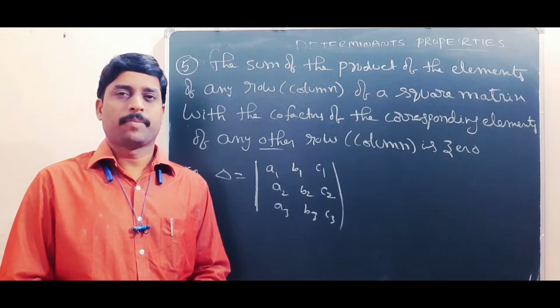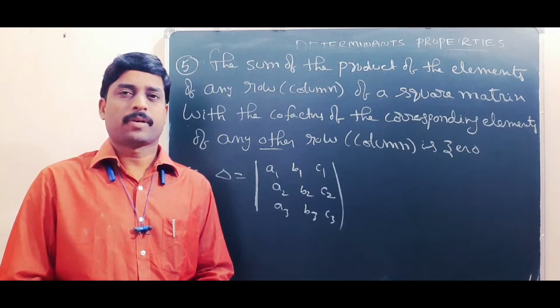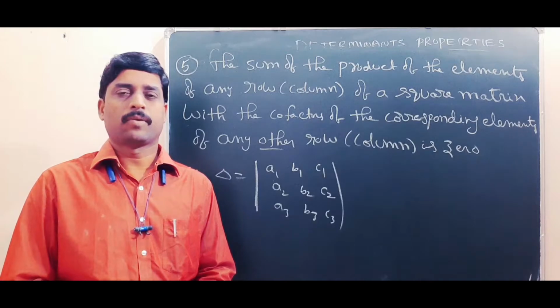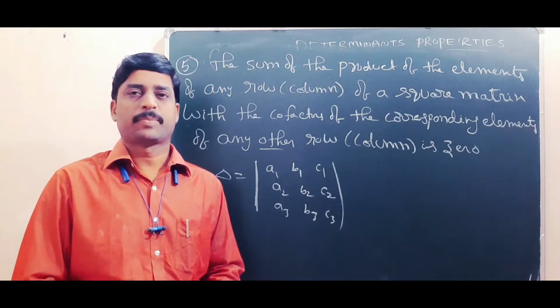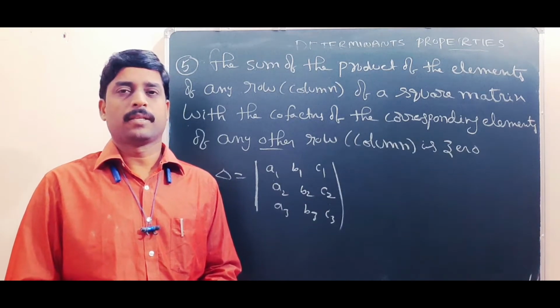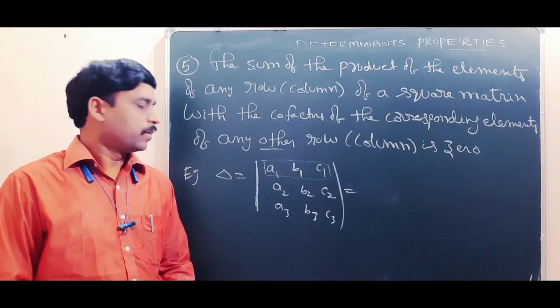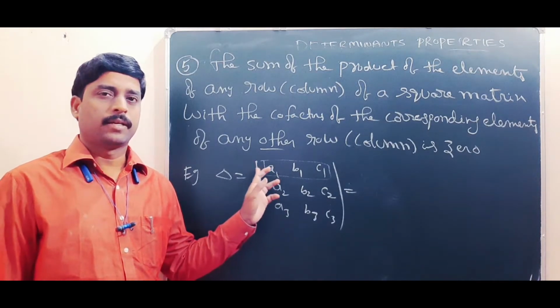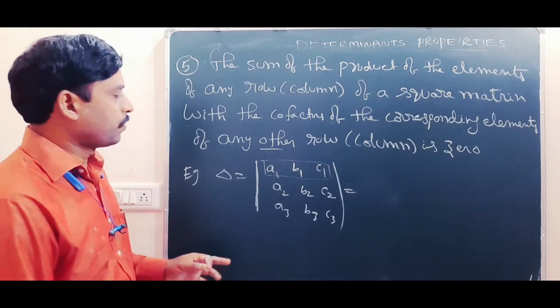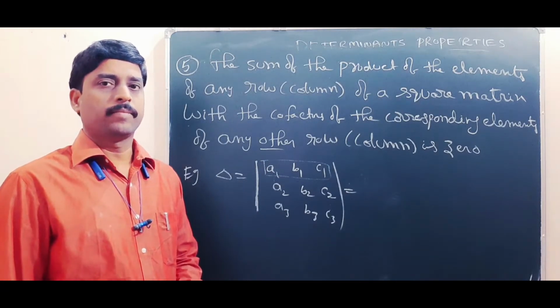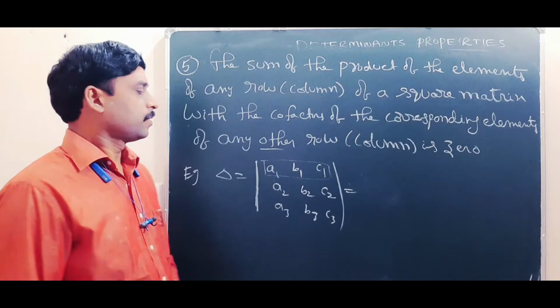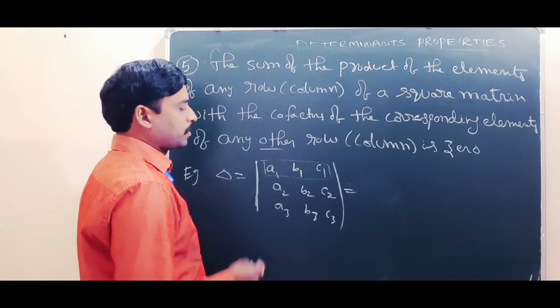Okay, now property 5. The sum of the product of the elements of any row or column of a square matrix with the cofactors of corresponding elements of any other row or column is 0. Okay, I give one example. Let us take the first row. So what is the property? The sum of the product of the elements of any row or column of a square matrix. In this, let us take the first row.